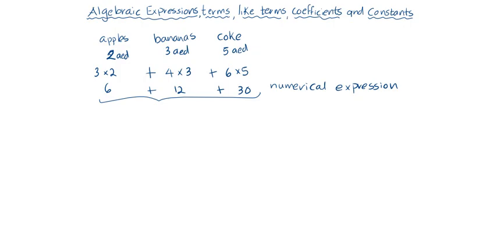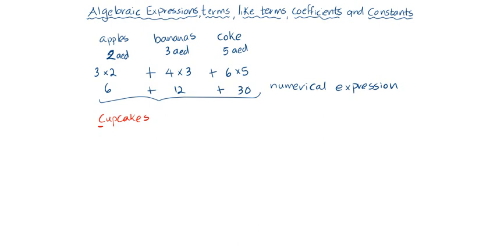But let's say now we are buying cupcakes, but we don't know the price of one cupcake. In math, whenever we don't know something, we use a letter of the alphabet to represent its price or value.